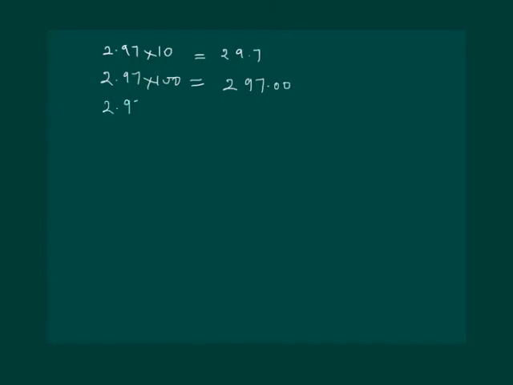Similarly, 2.97 into 1000 will be 297. 3 zeros means shifting the decimal 3 places. Since there is no third place, we put a 0. Now 1, 2 and 3 places shifting will give us 2970.00.